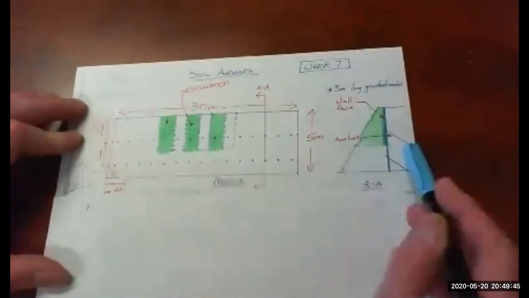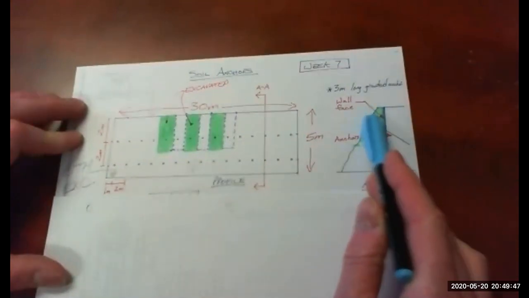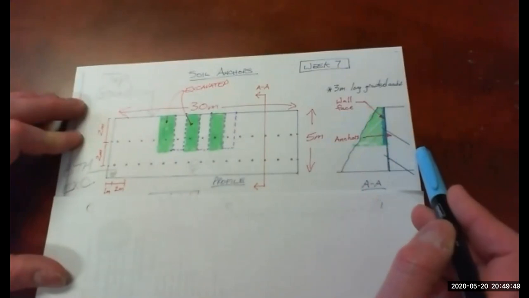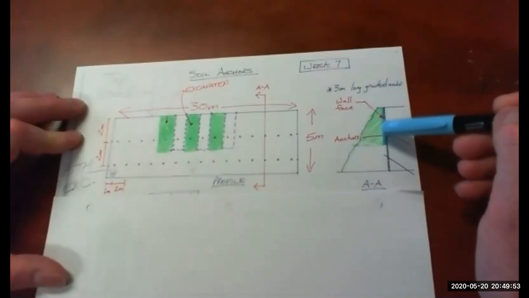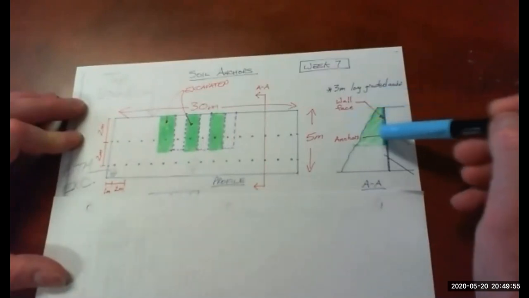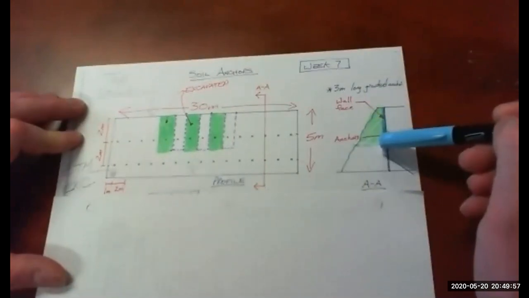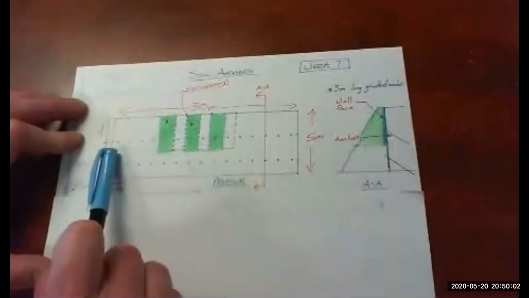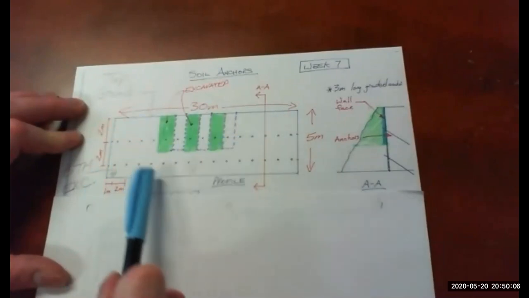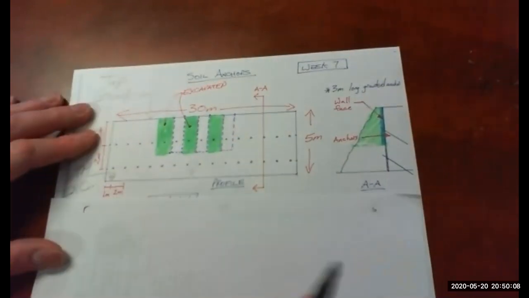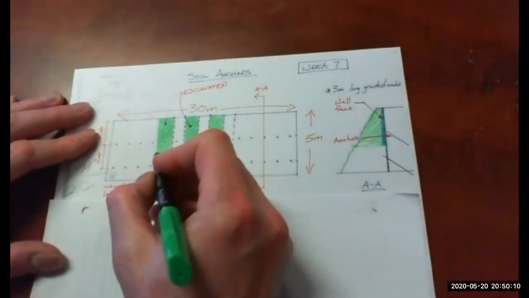So again, drill the casing for the anchor, put the anchor in, grout the anchor in, put your mesh reinforcing on the face, and then shoot your shotcrete on it. So that would be your procedure for the top row, and then you would do a similar type procedure for the bottom.